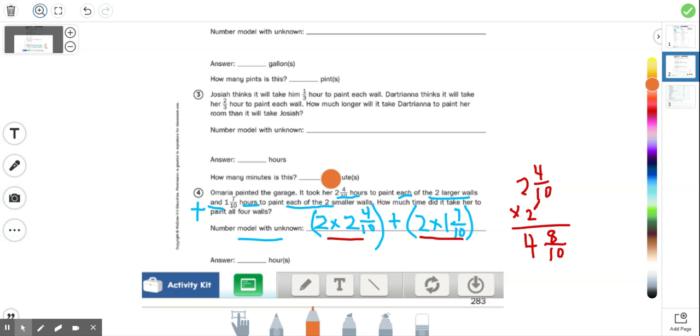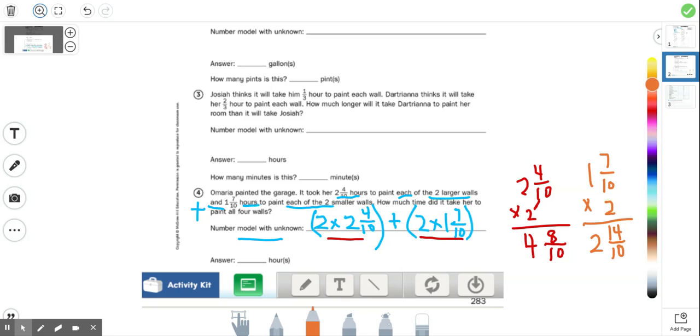Different color for the other one. And then we've got 1 and 7/10 times 2. So that's going to be 2 times 7/10, 7/10 and 7/10. So 14/10. 14 little tenths. And then 2 times 1 is 2.